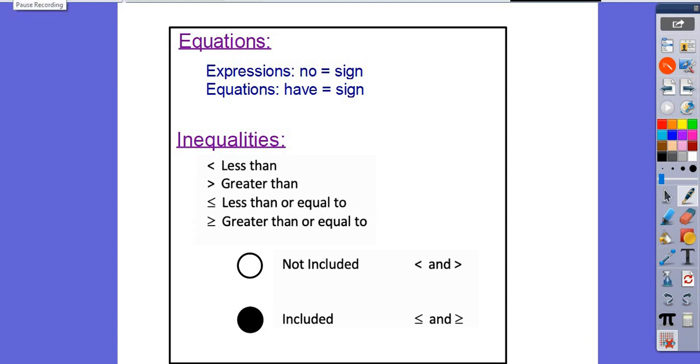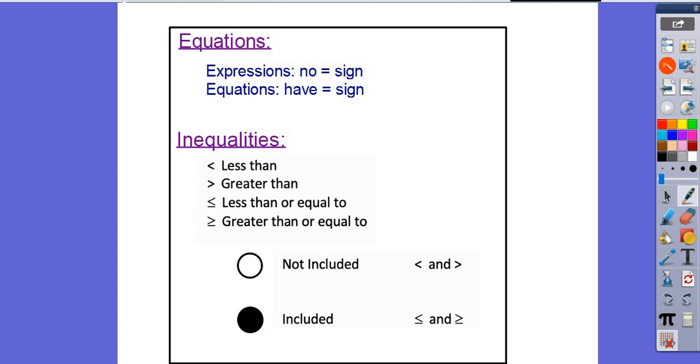So if I said a number is less than 6, can it equal 6? No. So that means I would put an open circle on the number line where 6 is because 6 is not included. If I can do numbers less than, so is 7 included?